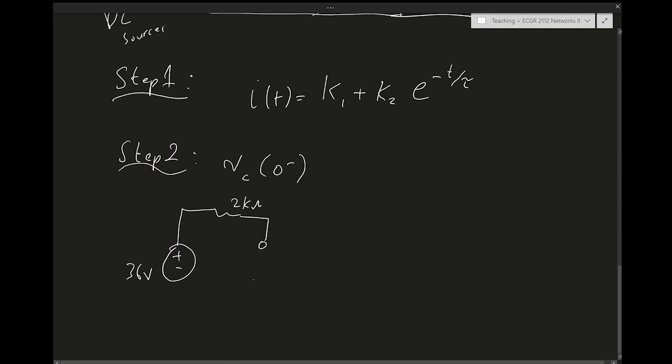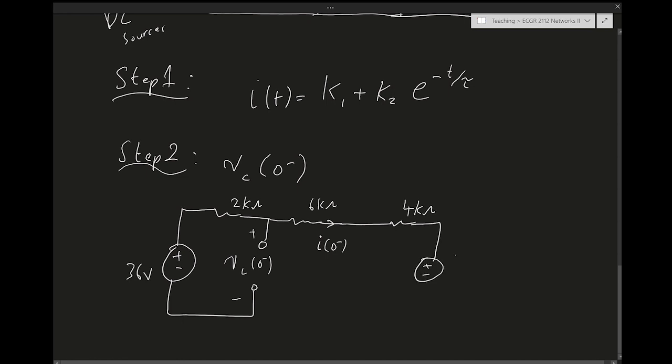The capacitor is an open circuit. VC(0-), plus minus, and then 6 kilo ohm, and then I(0-), and then 4 kilo ohm, and then here plus 12, right?